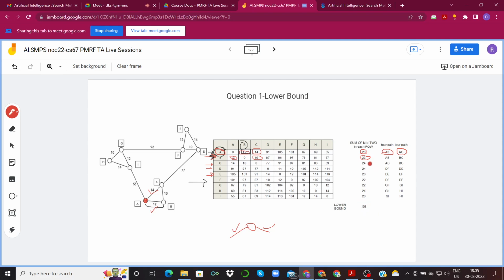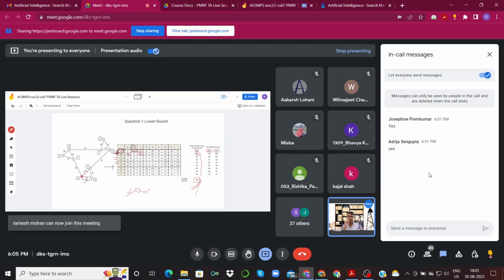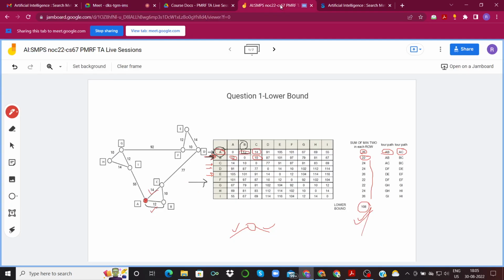We'll sum these values up and divide it by 2 to get the lower bound. So was that clear, or is there any doubt about it? No. Okay, that's great. If you have any doubts, just let me know.